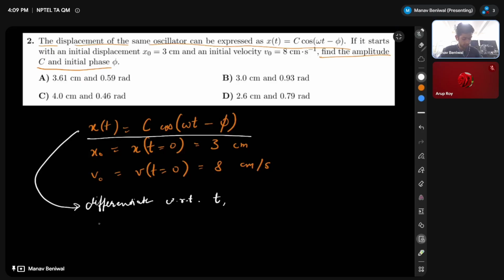So what we'll get is dx over dt, which is nothing but our velocity. c is a constant, so c stays as it is, and differentiation of cos will give us a minus sine omega t, and we will also have an additional omega.